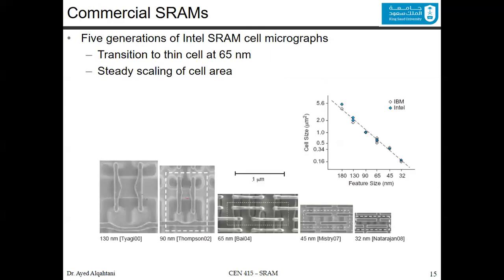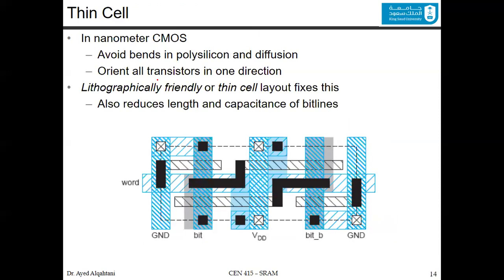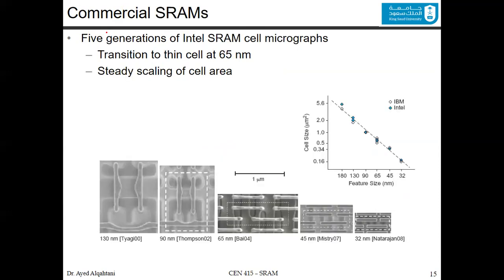And in the 65 nano, 40, the 65, the 45, and 32, they are using the one without bending the pole. We call this design the thin cell design. And as it's mentioned here, we transition to thin cell at 65 nanometer.